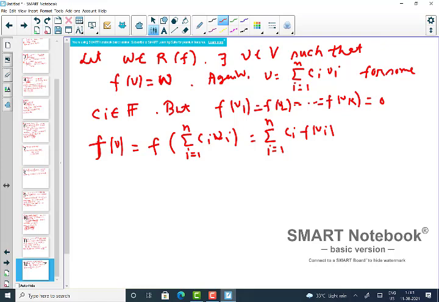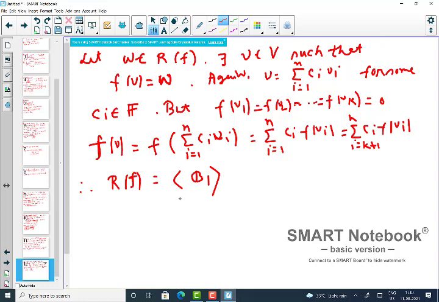So you end up with the summation ci f of vi, i equal to k plus 1 to n. What does that mean? That means every vector can be written as a linear combination of elements of B1. Thus the range of f is nothing but the span of B1, because you can write any vector of the range of f in terms of elements of B1.